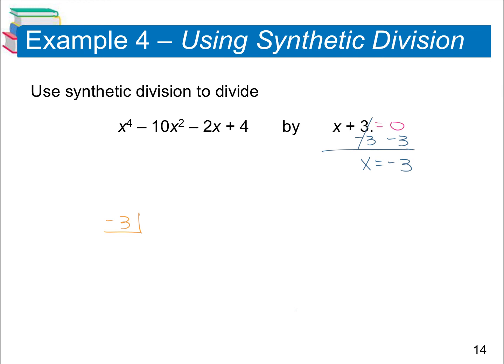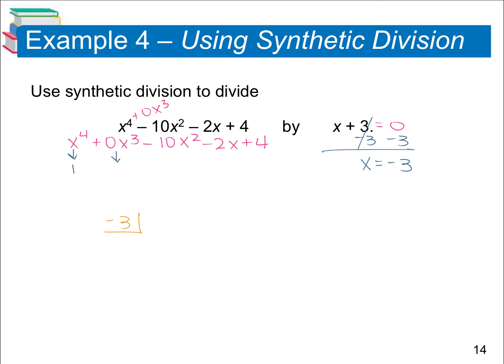The expression gives us x to the 4th power minus 10x squared minus 2x plus 4. It's missing the x cubed, so you want to add in a 0x cubed to make it x to the 4th power plus 0x cubed minus 10x squared minus 2x plus 4. Pull out your coefficients and your constant. The x to the 4th is a 1.